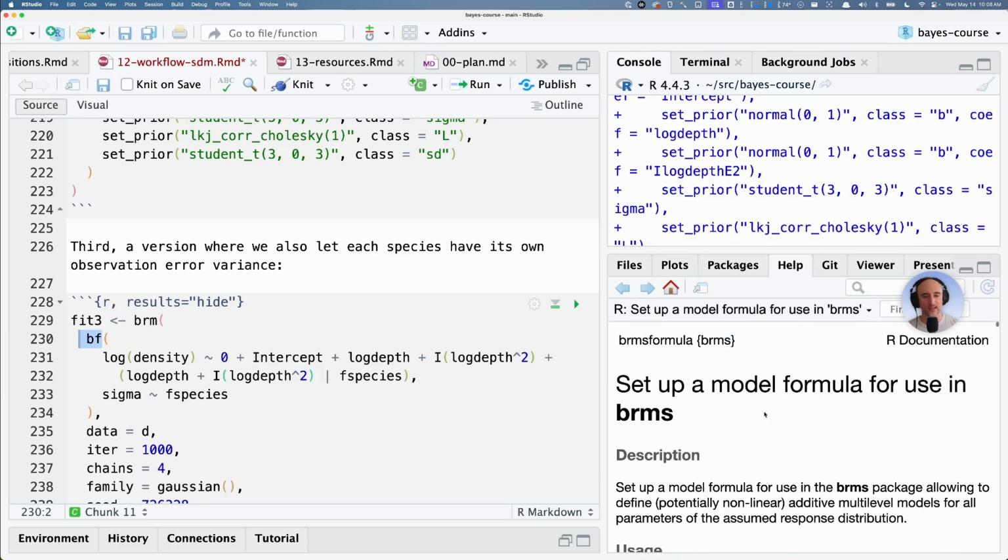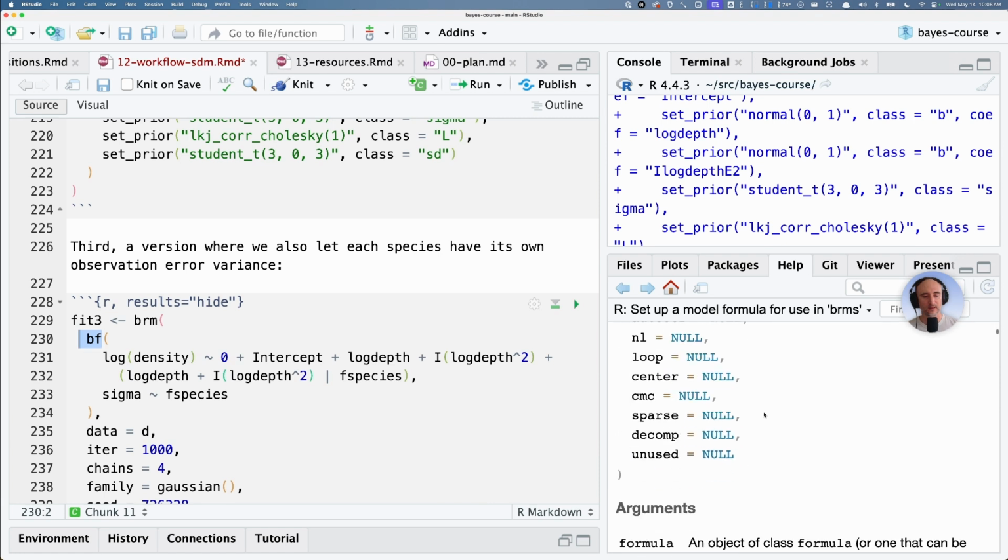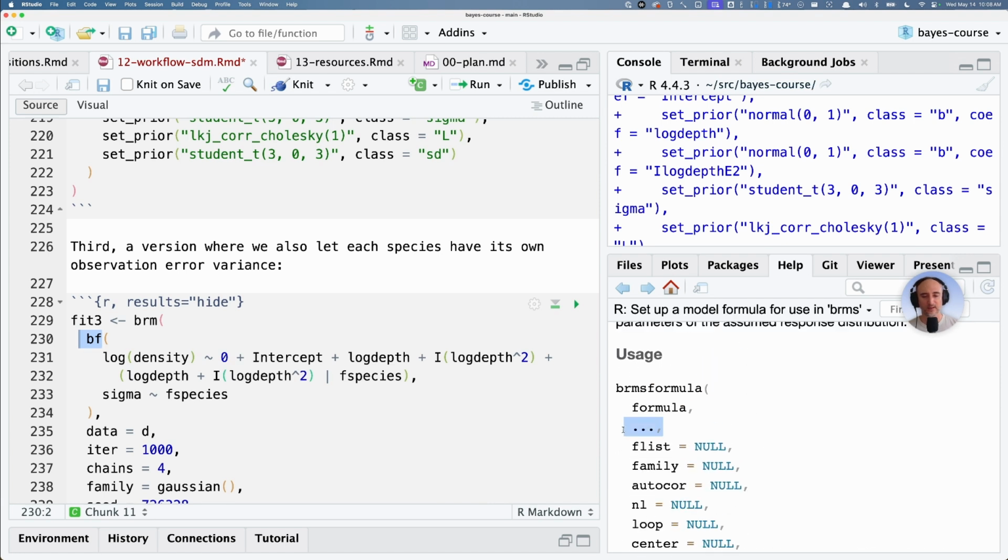So this is going to go into the BRMS formula, BF. So now we've got sigma, so comma, sigma as a function of factor species. So this is going to let the model estimate a different sigma for each species.